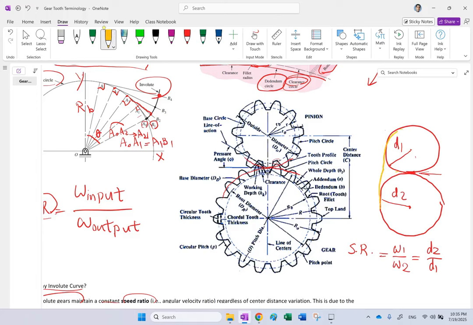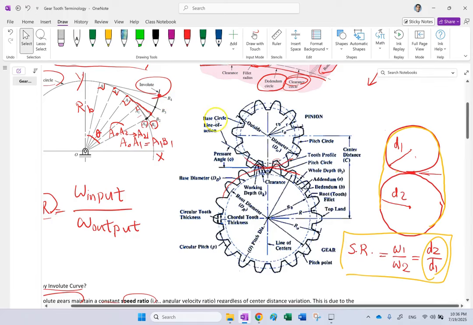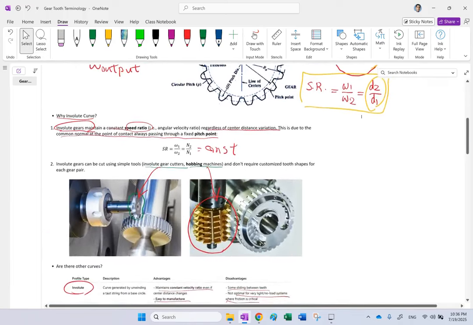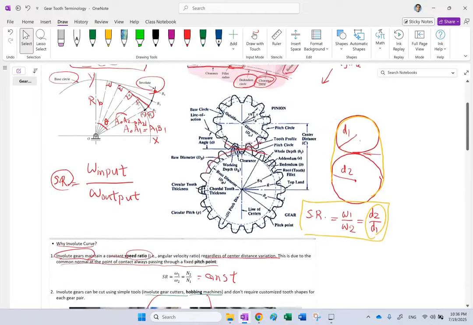So if there is a belt going around them like this, you know that the speed ratio between these two drums or these two pulleys comes from this formula. Okay, we know that from kinematics of rigid bodies. So that's the exact same thing applied to these gears, because these two circles are tangent to each other. Okay, so that is the pitch circle, and that is the diameter of the pitch circle. That is the imaginary circle.